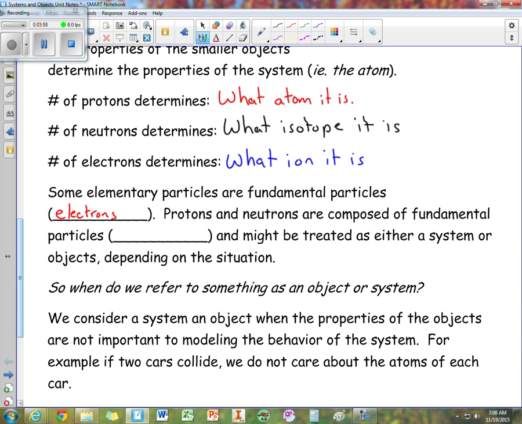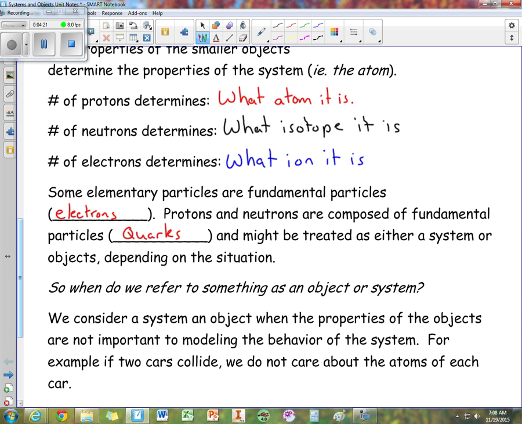So for electrons, we have not found any internal structure. And protons and neutrons we found do have internal structures, and we call those quarks. And so far we have not found any internal structure to a quark. So everything is made up of quarks and electrons.